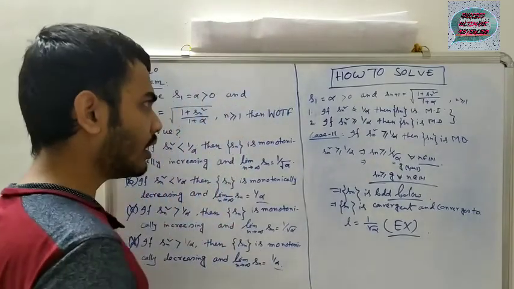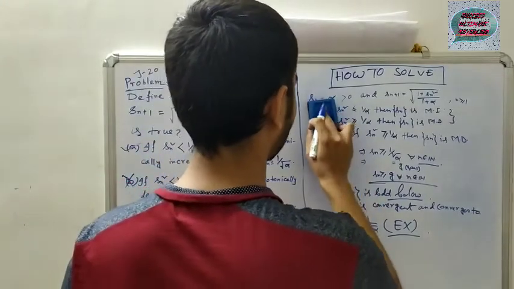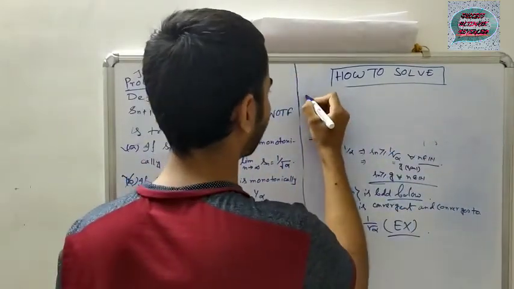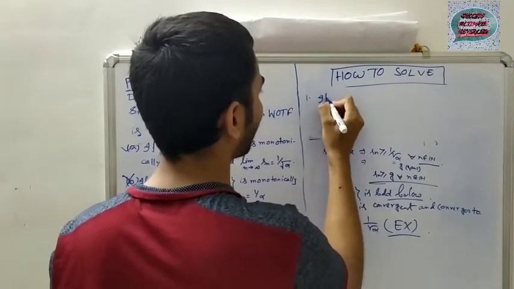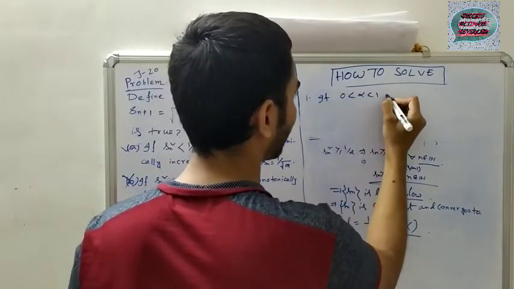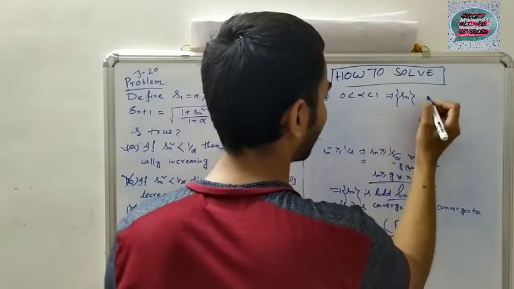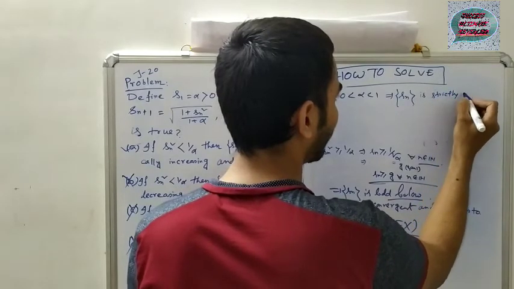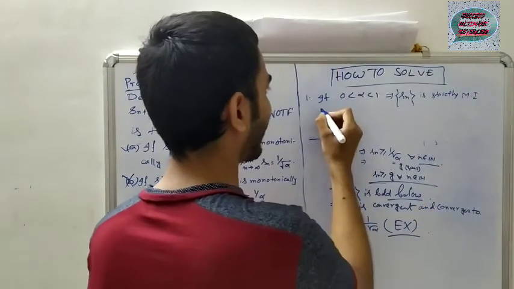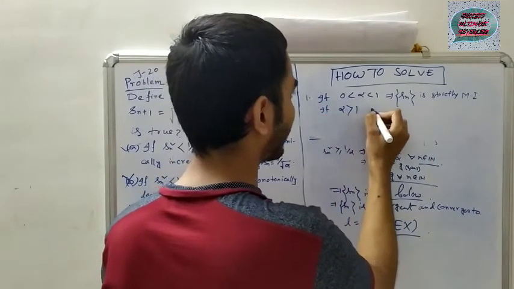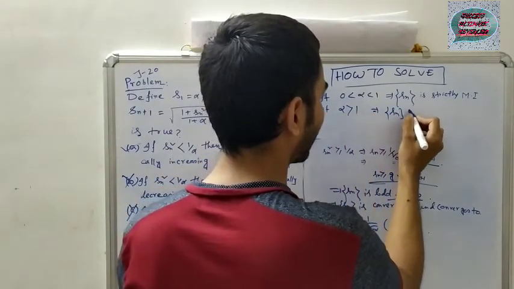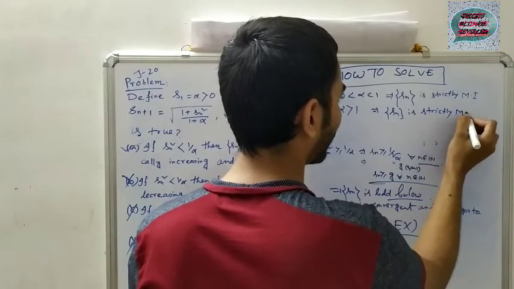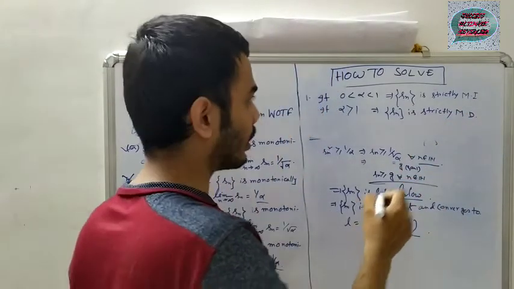You can also see that if 0 is less than alpha less than 1, that implies Sn is a strictly monotone increasing sequence of real numbers, and if alpha is greater than 1, then Sn is a strictly monotone decreasing sequence of real numbers.